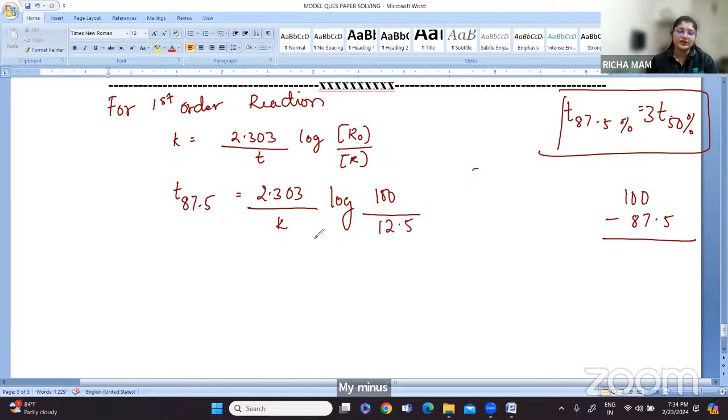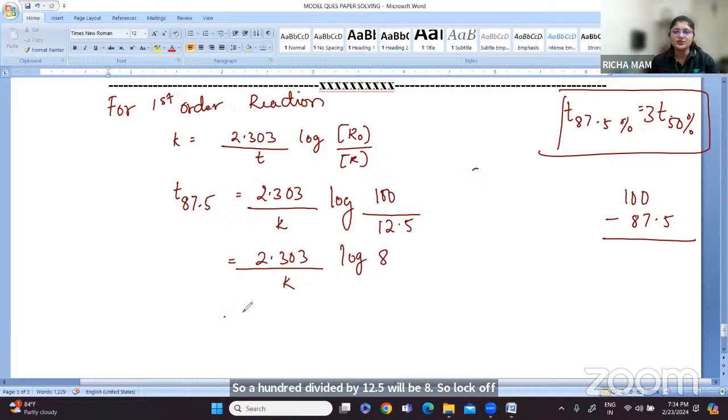So 100 divided by 12.5 will be 8. So it is 2.303 by k times log of 8. What is log of 8? Log of 8 is 0.903.